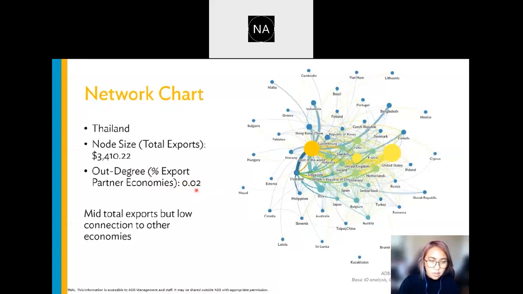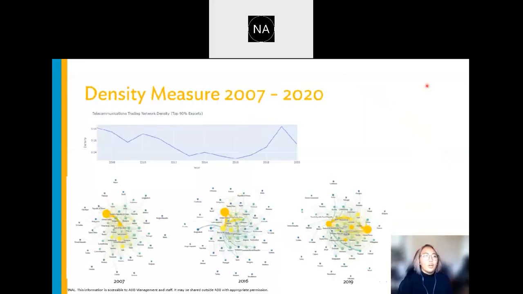We compared it to Thailand, where the total export is a little bit higher than China, but the out degree centrality is a lot smaller than China, because Thailand's exports are concentrated to just a few economies.